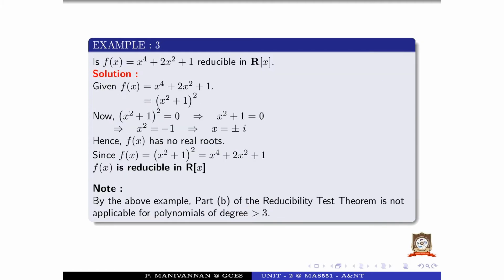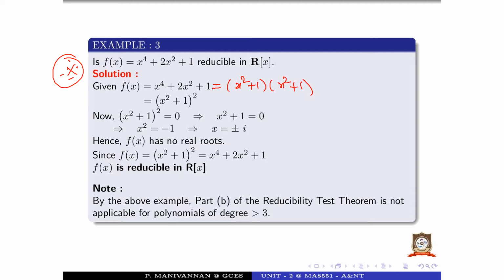Then the next example is an important example. The given polynomial x power 4 plus 2x squared plus 1: is it reducible in R[x]? Given f(x) equal to x power 4 plus 2x squared plus 1, it can be rewritten as (x squared plus 1) into (x squared plus 1).